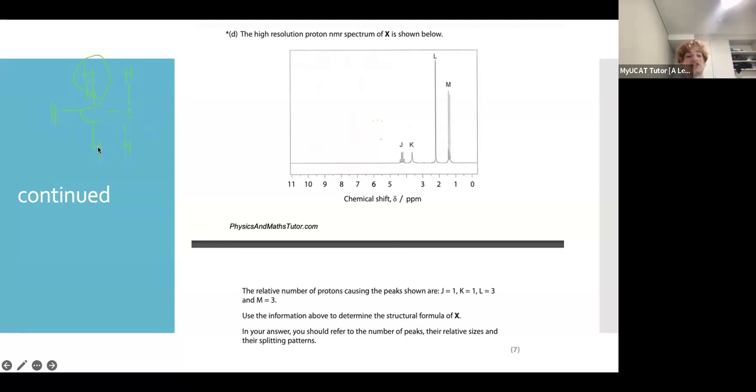Whereas it will have a splitting pattern of triplet because there are one, two protons on the adjacent carbon, and you follow an n plus one rule, n being two, and therefore n plus one being three, so you get a triplet peak. Okay, so that's just to clarify that point.